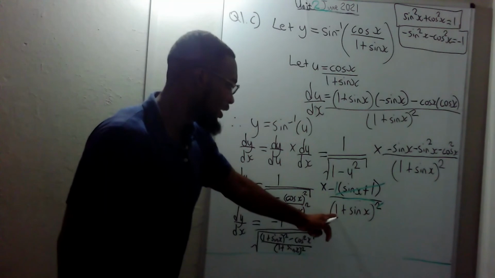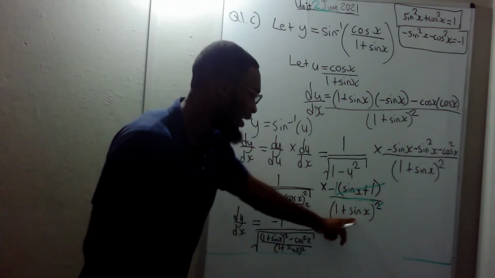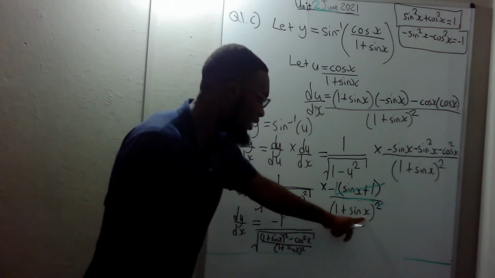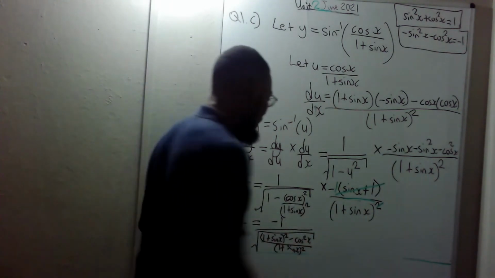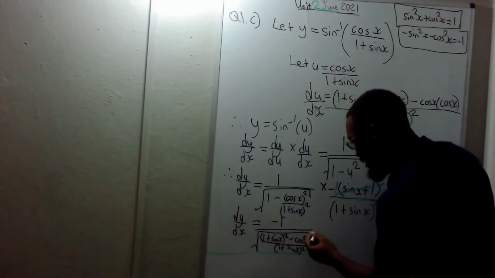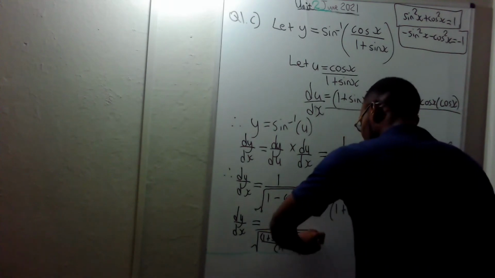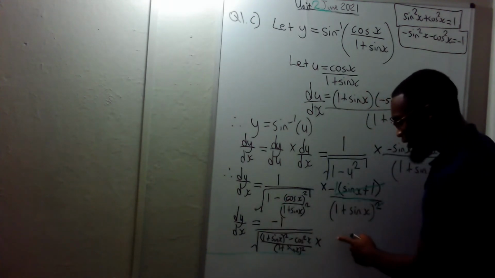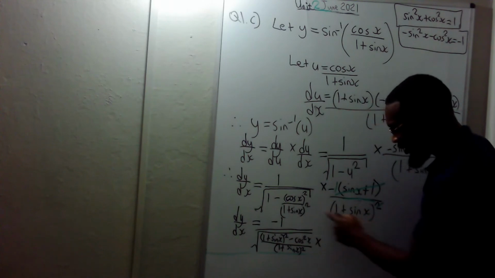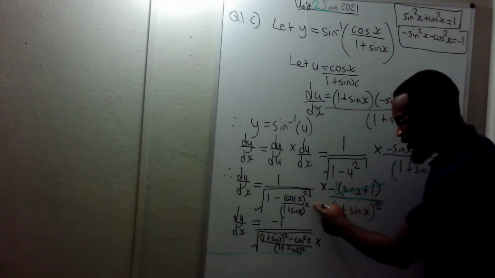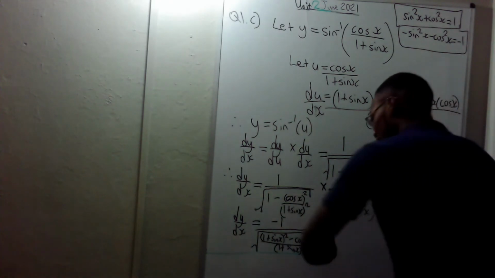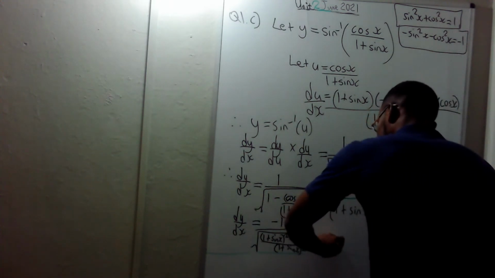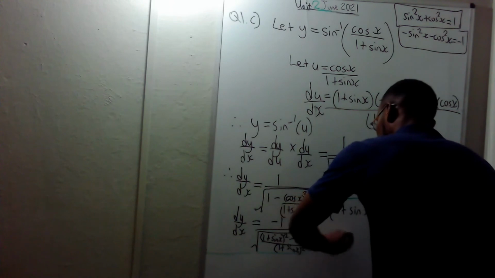And remember, it is then being multiplied by 1 plus sin x. So now we can put times 1 plus sin x in this denominator. When you multiply the two denominators, we're multiplying by 1 plus sin x. But 1 plus sin x can be written as 1 plus sin x all squared.